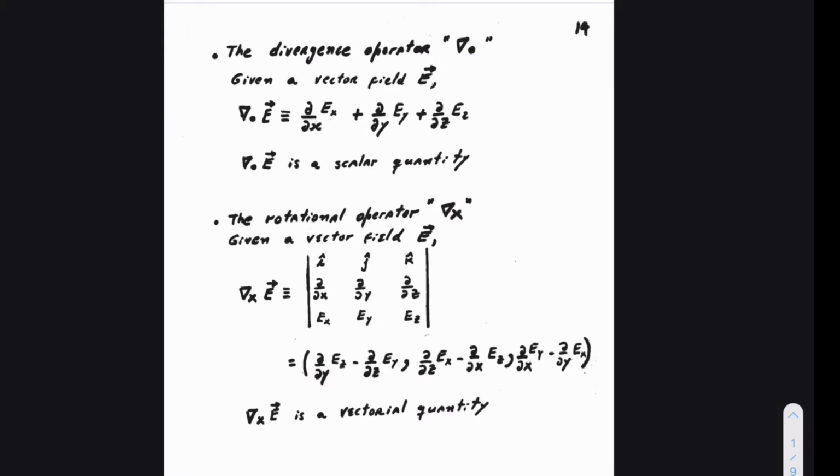We can extract a scalar quantity from a vector field if we apply delta as a dot product. We can also extract a vector quantity if we apply delta on a vector field as a cross product. This scalar quantity is known as the divergence of the vector field on which it is acting. And this vector quantity is known as the curl of the vector field on which this operator is acting.